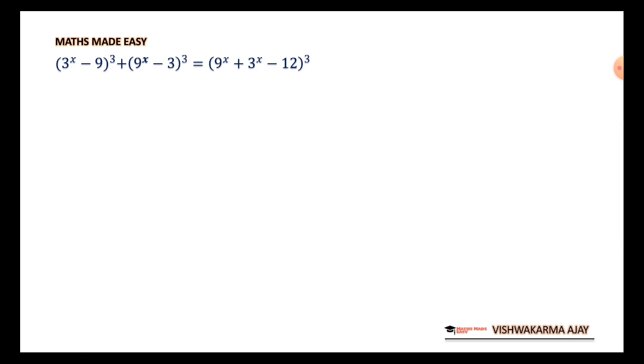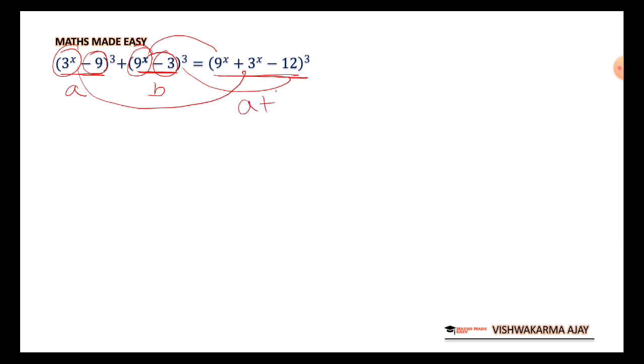We are going to assume 3^x - 9 as a, and 9^x - 3 as b. If you see carefully, 9^x is there, 3^x is there, and minus 9 and minus 3, that is minus 12, is also here. So this term is automatically a plus b.